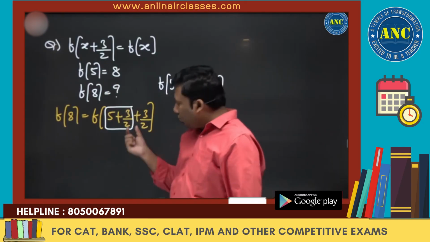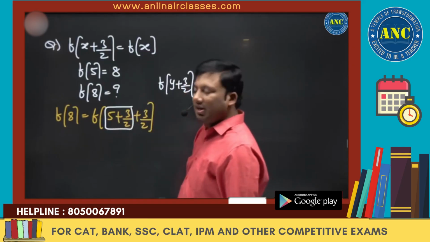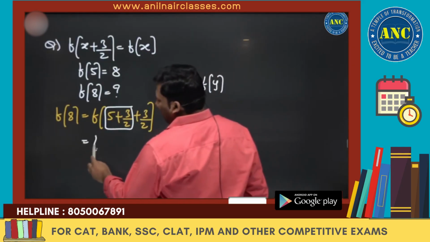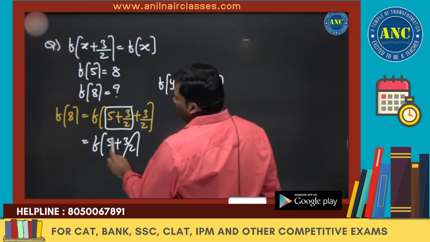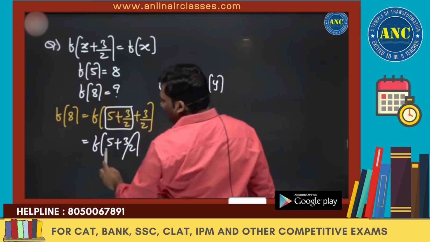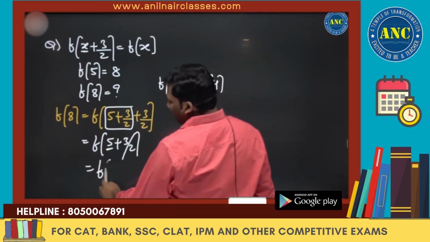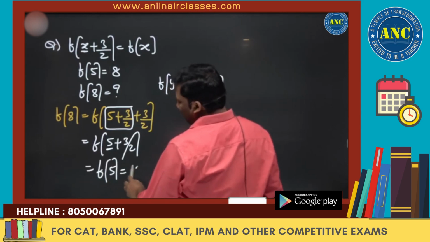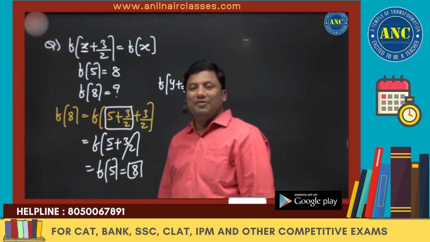Am I right? So if I call this y, f(y + 3/2) is f(y). Here y is 5 plus 3/2. Again, wherever x is there, what is the value that is present right now? 5. So the answer is f(5). The value of f(5) is 8. Very, very good question.